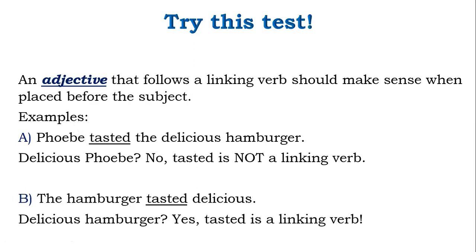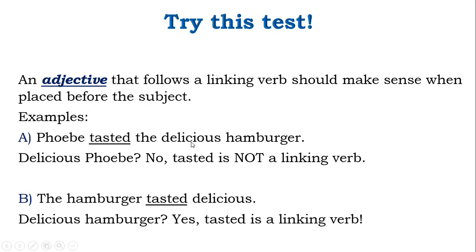Now, we know that adjectives describe nouns. So we have to just look and double check that it actually describes the subject. And that's our main focus here. So it says here that an adjective that follows a linking verb should make sense when placed before the subject. Okay, so we identify delicious as being an adjective in this sentence.